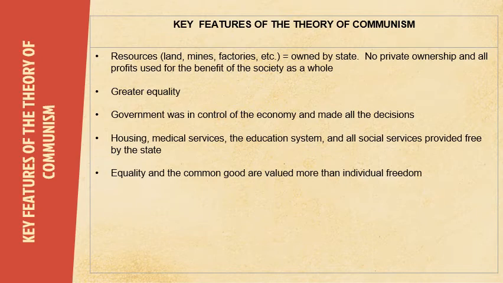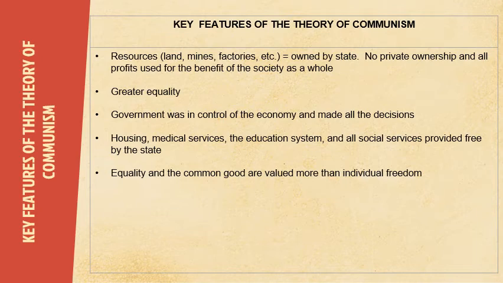Resources, which included land, mines, factories, etc., are owned by the state on behalf of the people. There would be no private ownership, and all the profits that were made were to be used for the benefit of the society as a whole. There was greater equality, in other words, no class divisions caused by an unequal spread of wealth.